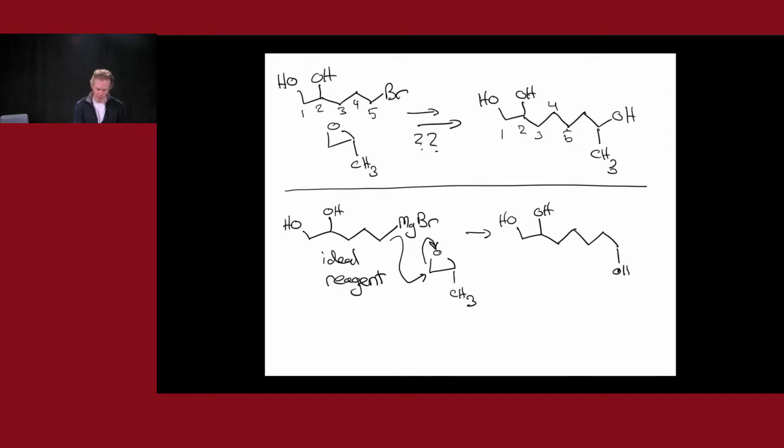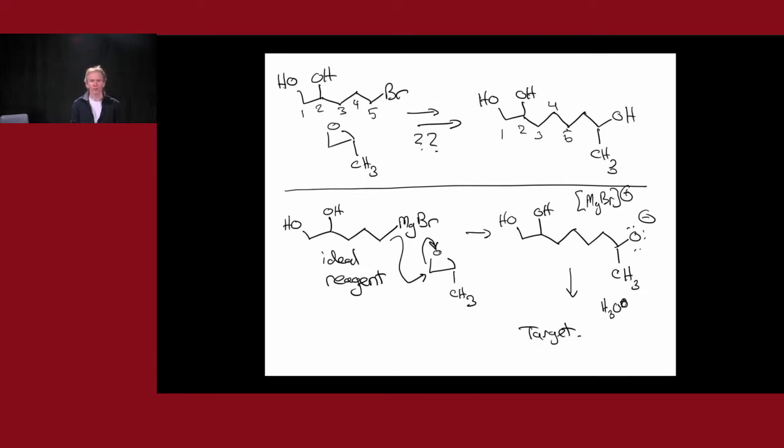Quick correction there on the iPad. That would give us an alkoxide like this. Magnesium bromide would be our counter ion. And then we would use hydronium to work this up and get the target molecule.